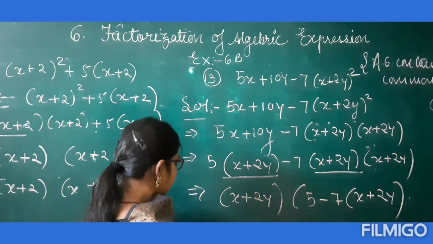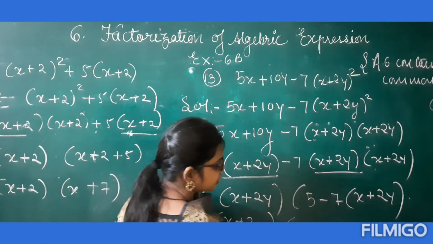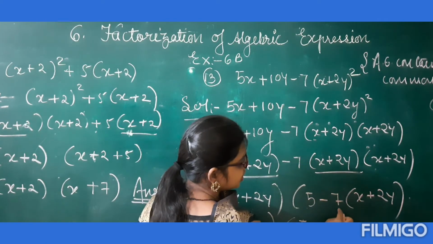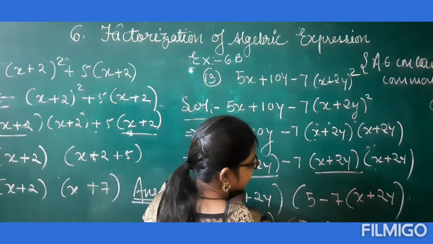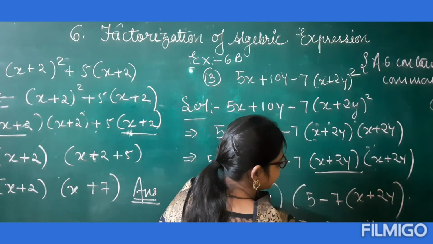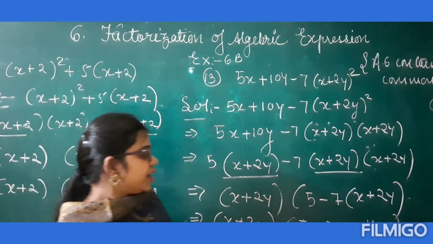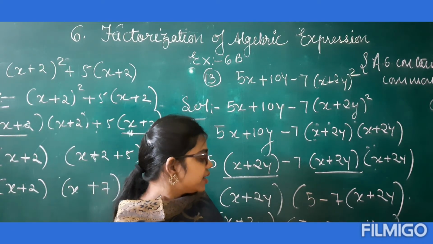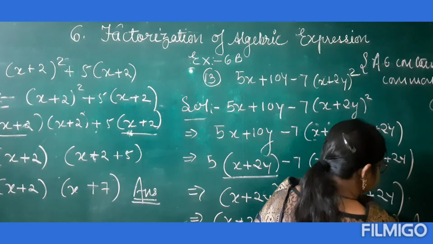So x plus 2y, and this 5 will be remaining as it is. Multiplying inside, 7 into x is 7x, and plus into minus is minus, 7 into 2y is 14y. So you will get x plus 2y multiplied by 5 minus 7x minus 14y as the answer here.